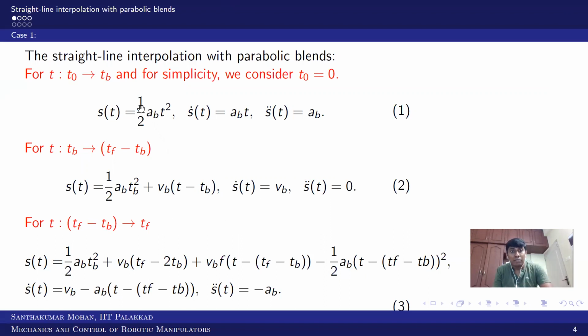The first segment we can write as per a simple equation of motion. S of t can be written as S naught plus VB t plus half AB t squared. Since we assume that the initial velocity is 0 and the initial position is 0, you can write S of t as half AB t squared. Here AB needs to be defined, and AB can be chosen based on the actuator limit.